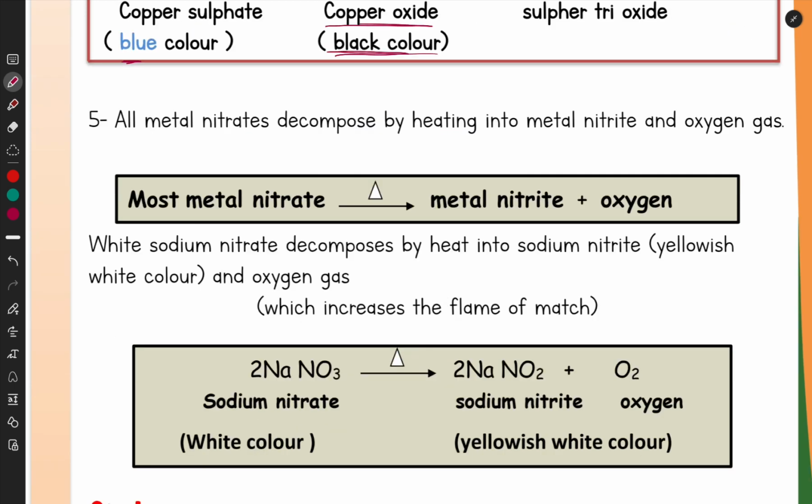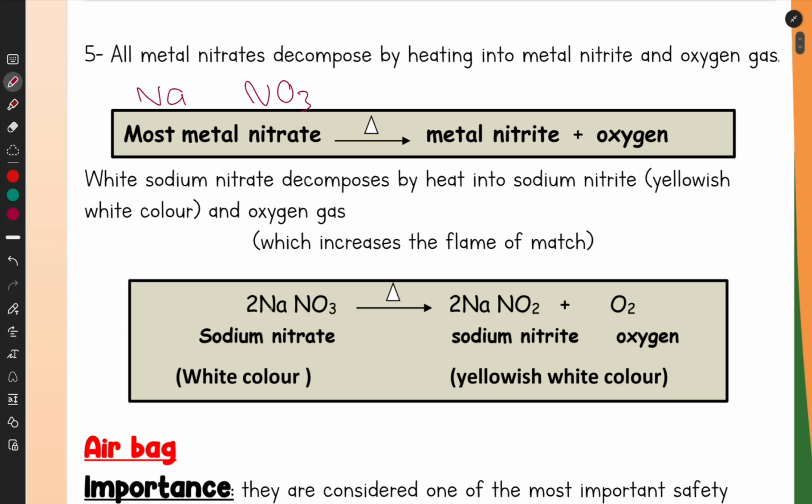Okay, let's now speak about most metal nitrates. What's the meaning of the word nitrate? Nitrate means NO3. The metal we will use now is Na, so we have NaNO3. This is called sodium nitrate.